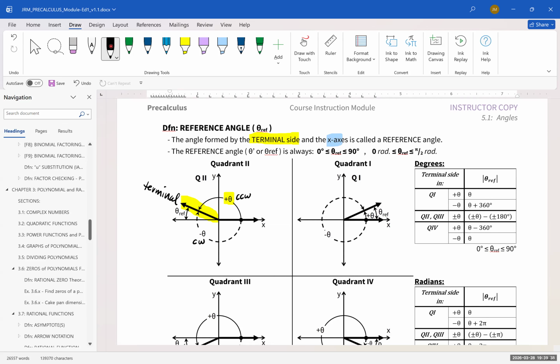The reference angle is the angle between this terminal side and the x-axis right here. This would be the reference angle, which looks kind of like a slice of pie or a slice of pizza.